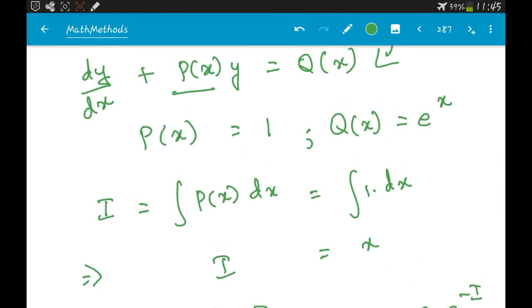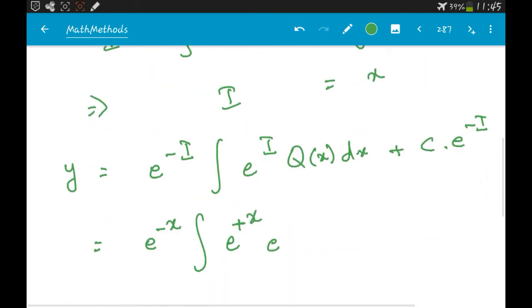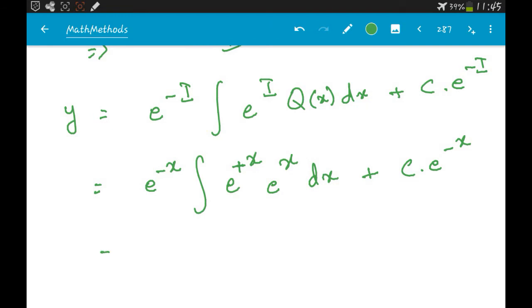Q of x is also e power x. So e power x dx plus c into e power minus x. So we get e power minus x, integral of e power 2x dx.